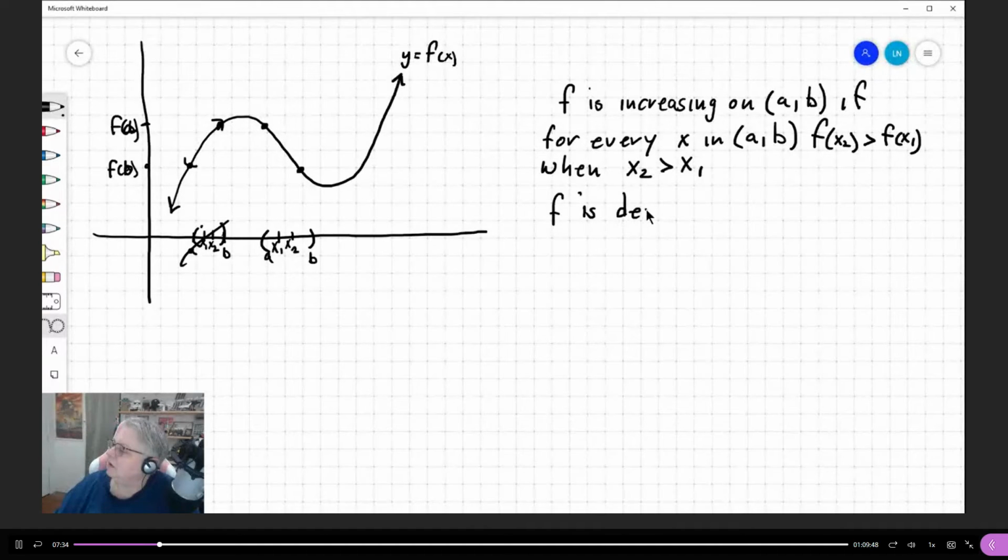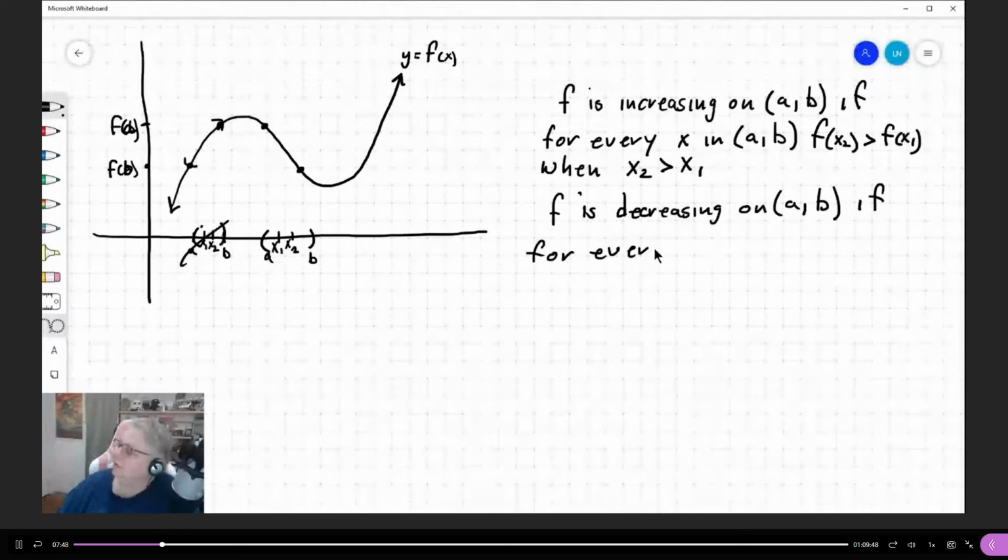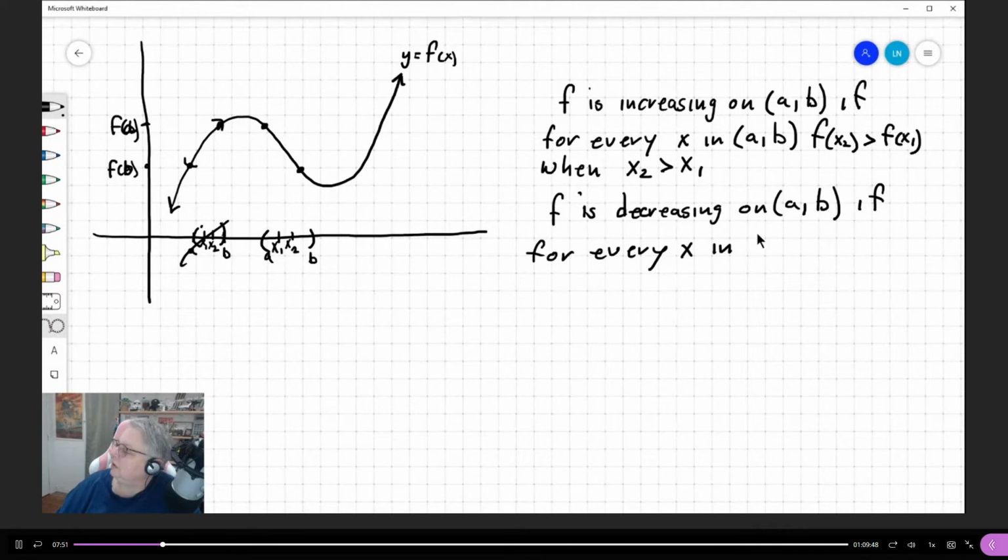So f is decreasing on an open interval from a to b if for every x in that interval, f of x1 is greater than f of x2 when x2 is greater than x1.